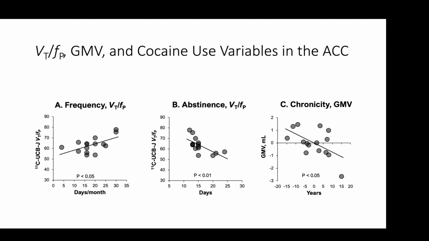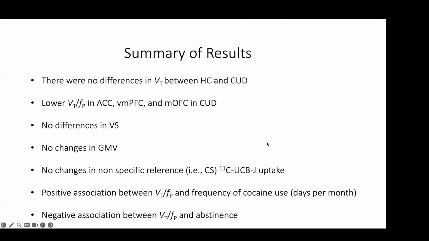So we saw those counterintuitive correlations. This is the visual representation of those three, using the anterior cingulate cortex as an example. Higher frequency of cocaine use, higher synaptic density; longer days of abstinence in the hospital, lower synaptic density; and longer lifetime years of cocaine use, lower gray matter volume. So this is the summary of the results.